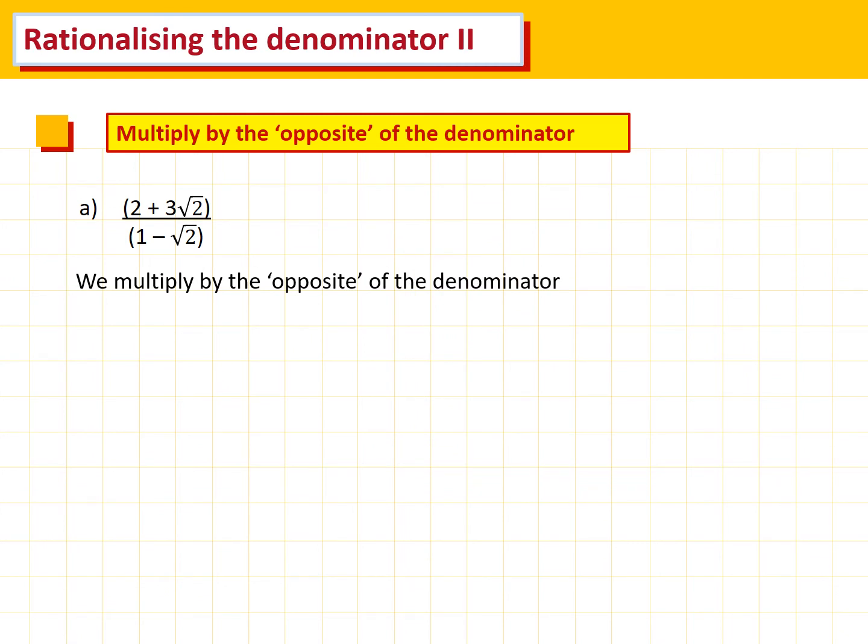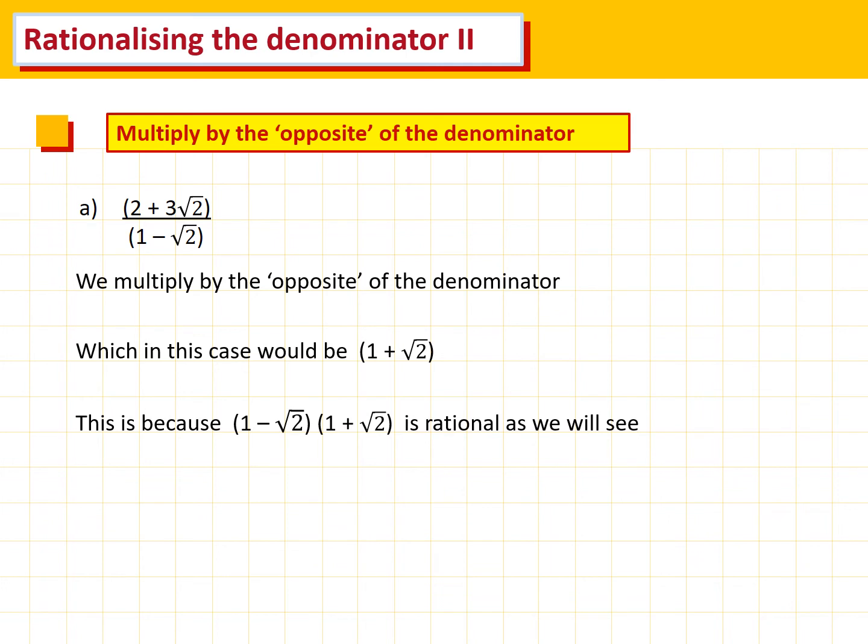So we multiply by the opposite of the denominator, so it would be 1 plus root 2. As we've seen in those previous two examples, when we have an expression of the form a subtract b and a plus b, then the square root part, the surd part, disappears. Now, we can't just multiply the denominator by 1 plus root 2 and not do anything to the numerator, because that would change the value of the fraction.